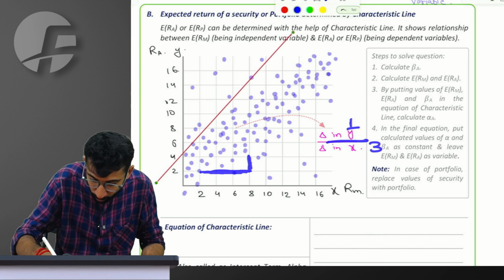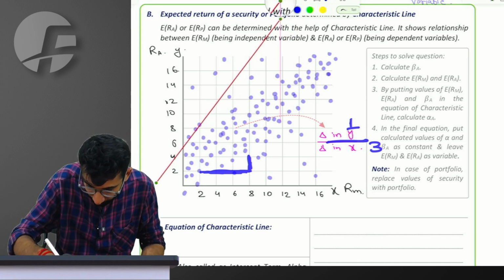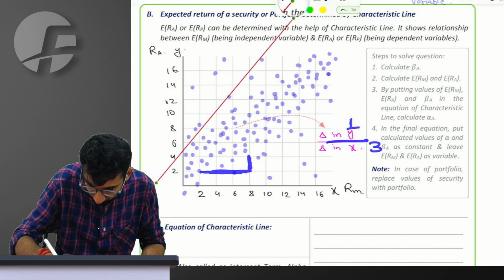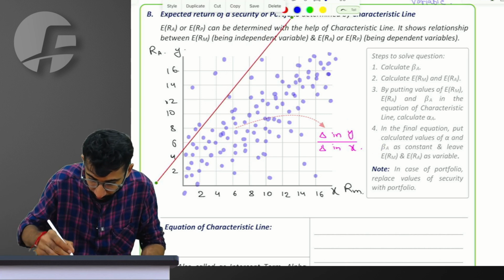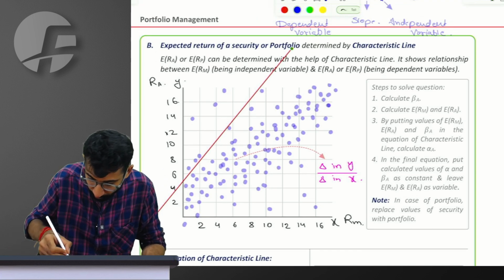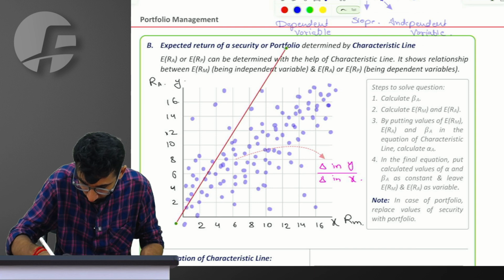Similarly, if I make the slope like this, please imagine this. See this.